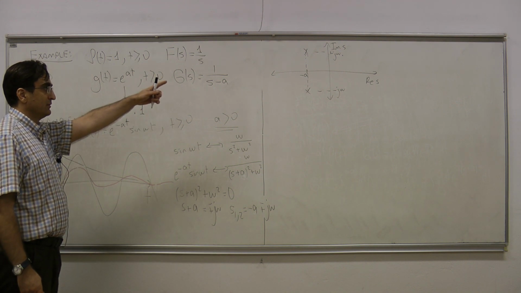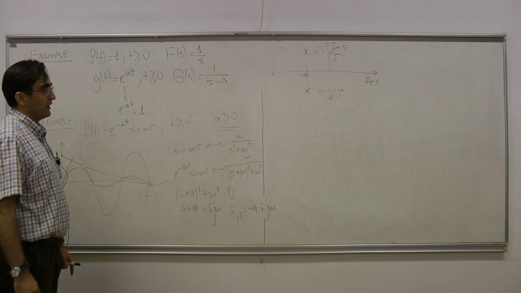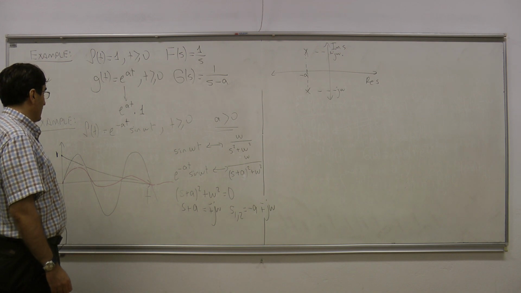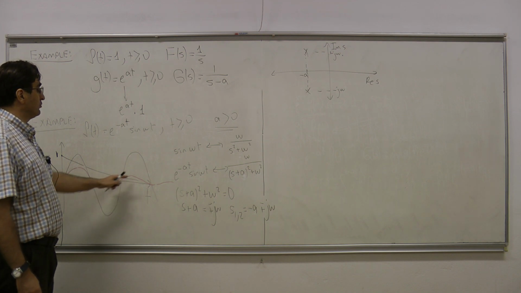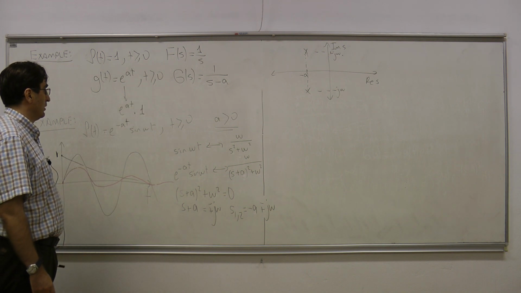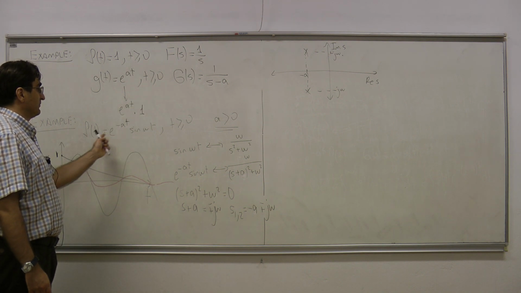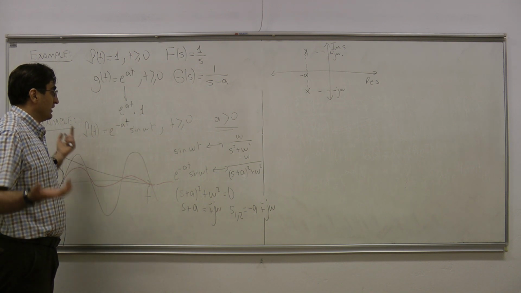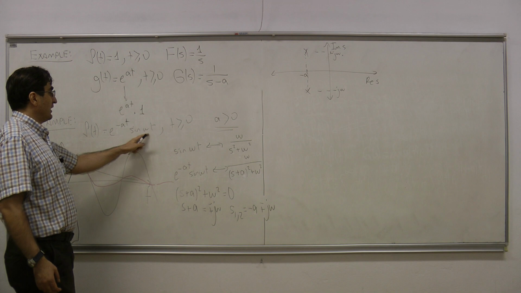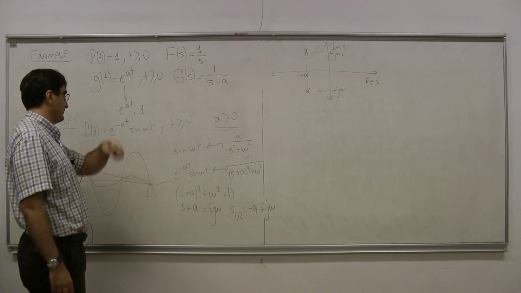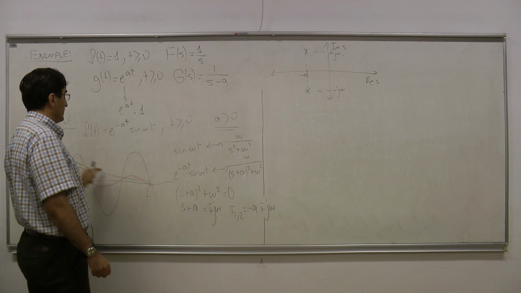Then if there are some complex poles with non-zero imaginary parts, that means you would have oscillation. And here we see an oscillatory time function which goes to 0 as time goes to infinity. What causes this function to go to 0? The answer is that the sine is never going to 0. It is always oscillating, but this exponential is decaying to 0.